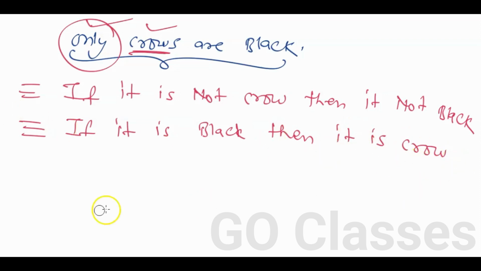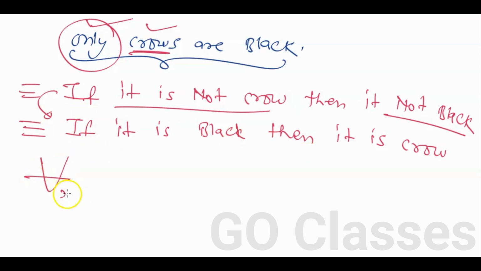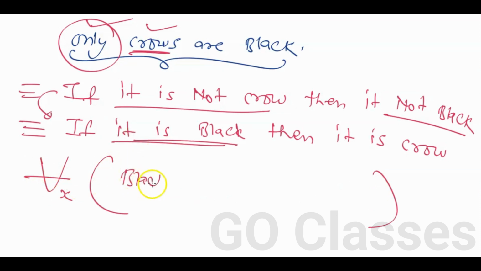So remember this statement: only crows are black. It means if it is not crow, then it is not black. Not crow, not black. The contrapositive of this statement will be if it is black, then it is crow. So now you can write that for everyone we are saying that if it is black, then it is crow.